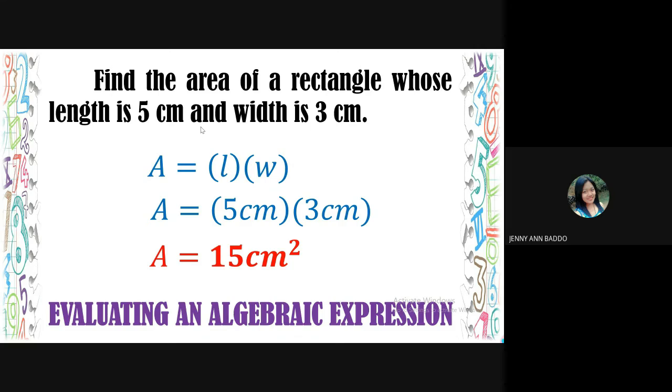So, in solving the area of the given rectangle, we already evaluated an algebraic expression. The algebraic expression here is the formula for the area of a rectangle. Then we substituted the length and width to find the area.